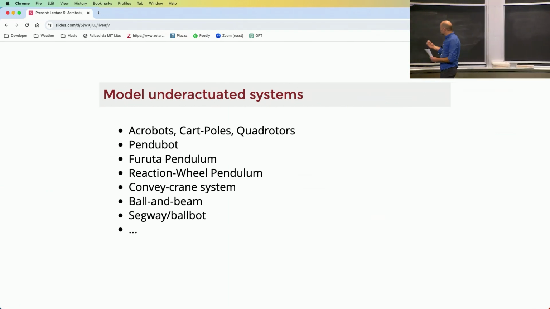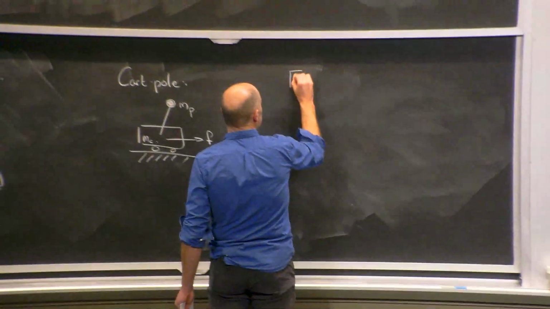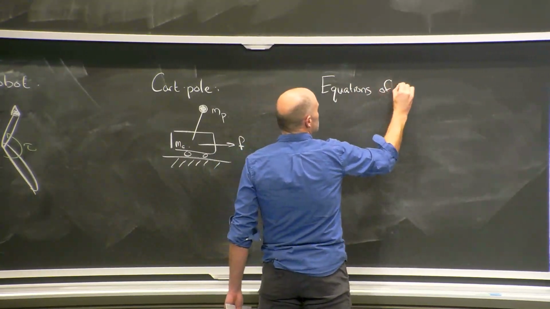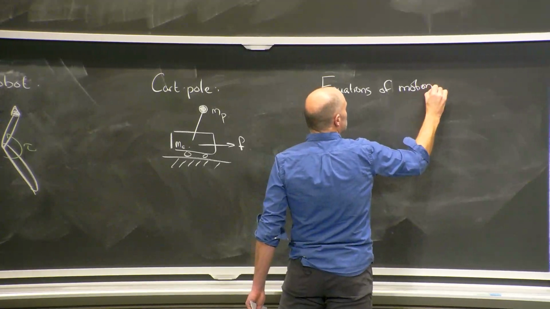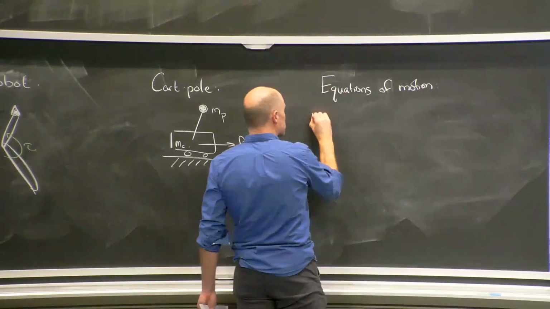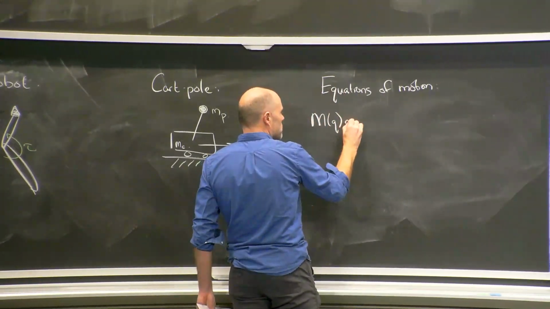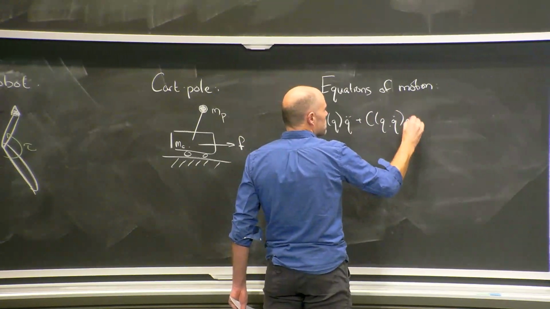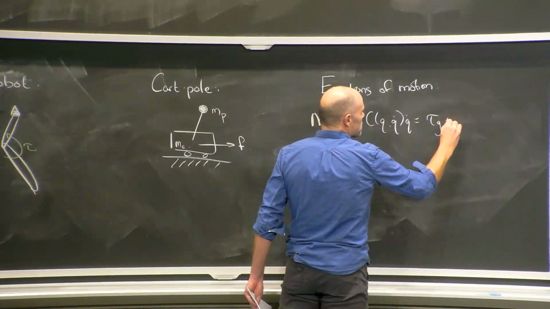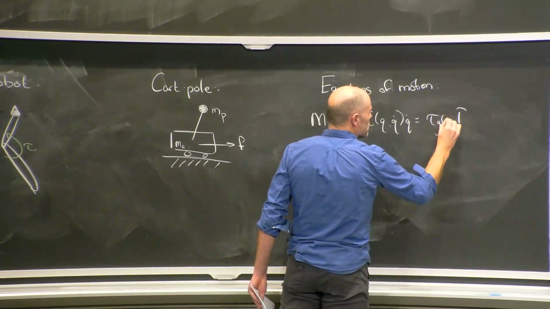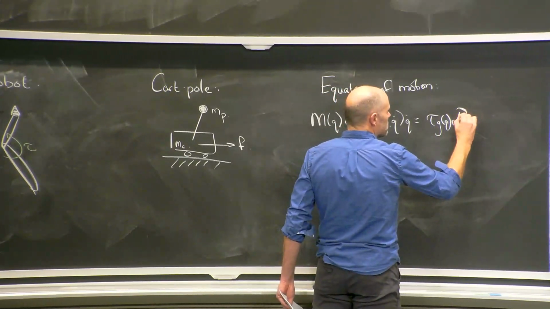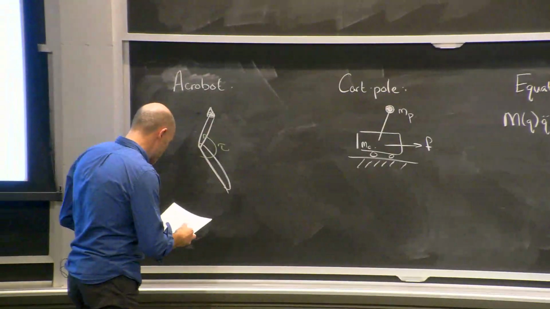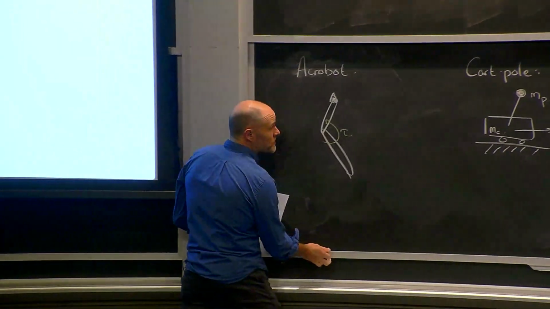So the equations of motion for all of those are going to take the form that I advocate for constantly. This can be a function of q also, plus B u, okay? Where for the Acrobot, let's just think about how this maps.